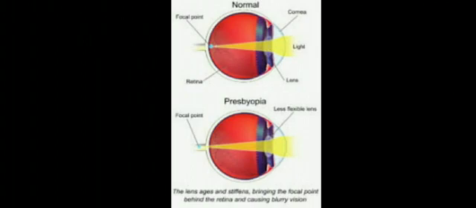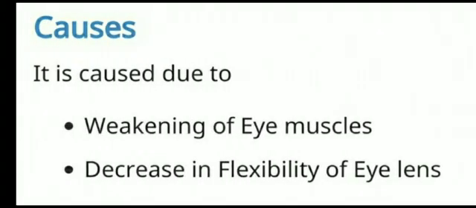But sometimes old age people are unable to see nearby objects as well as far off objects clearly. It occurs due to weakening of ciliary muscles and hardening of eye lens.